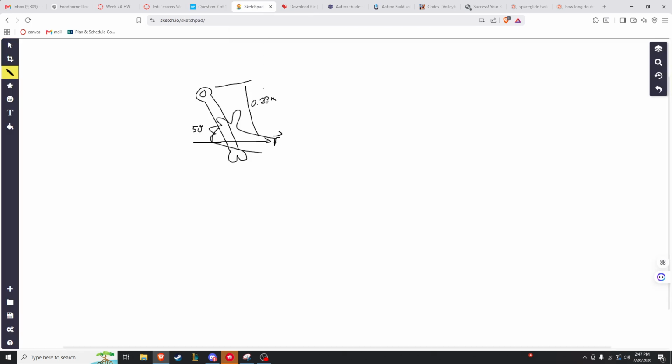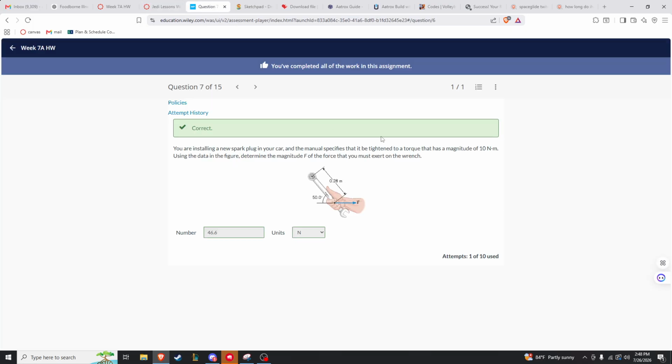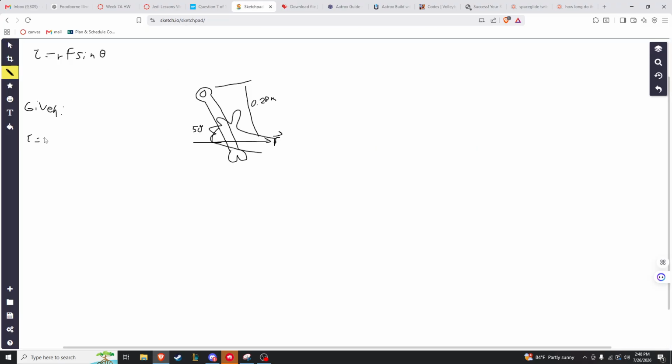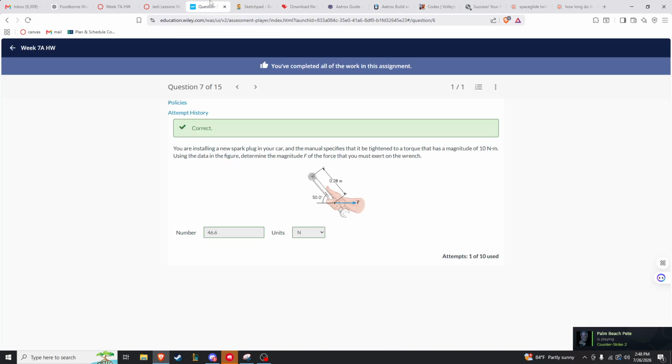For this specific question, we're going to be using the torque equation. The torque equation is T equals R F sine of the angle. Let's list out what was given to us in the beginning. The torque is 10, with an SI unit of newton meters.